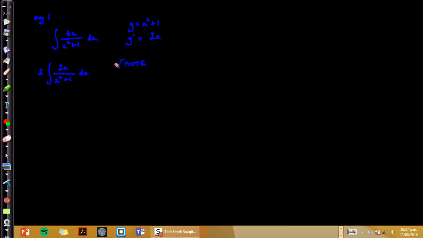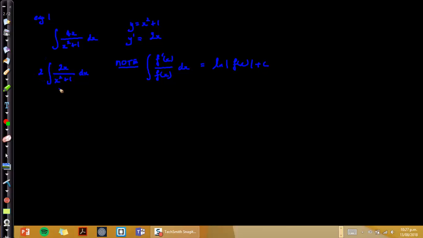What we're after is a situation where we've got a function on the bottom of this fraction, its derivative on top, and that will equal the natural log absolute value of that bottom function plus c.